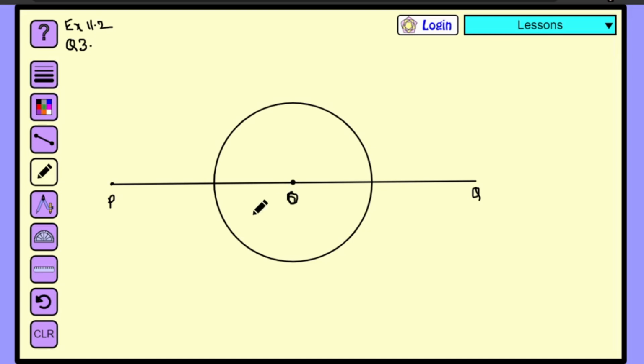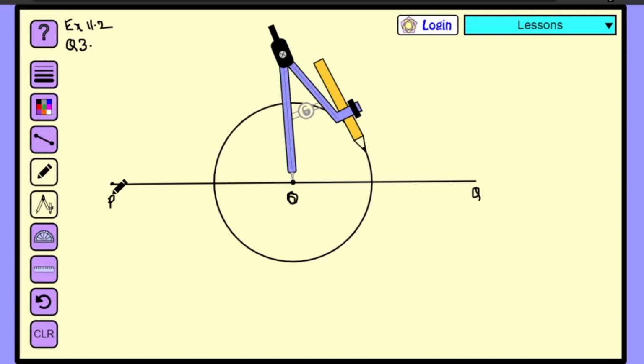As usual, the same manner we did in question number 1 and question number 2, we are supposed to do here also. First, we have to construct a perpendicular bisector of OP, and in the same manner OQ also. Then the perpendicular bisector intersects the line segment at a particular point. From that point, we have to construct another circle. Observe clearly.